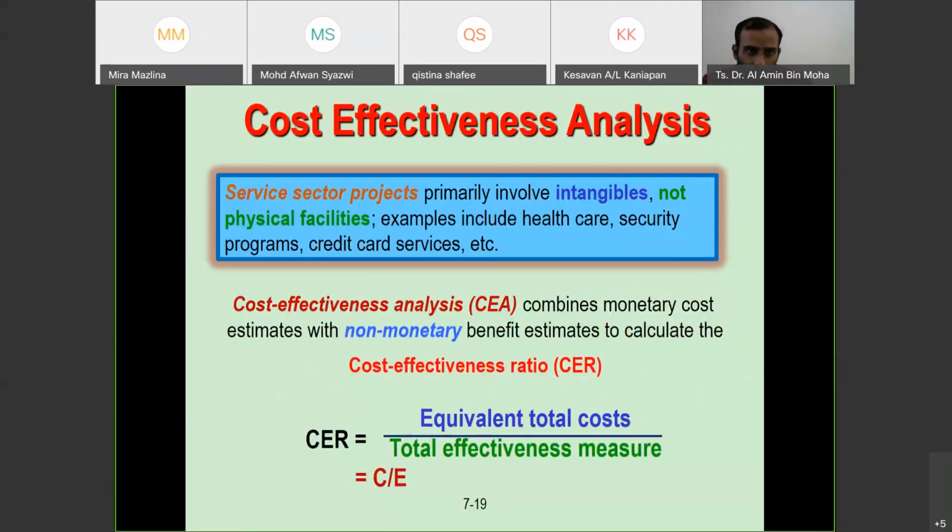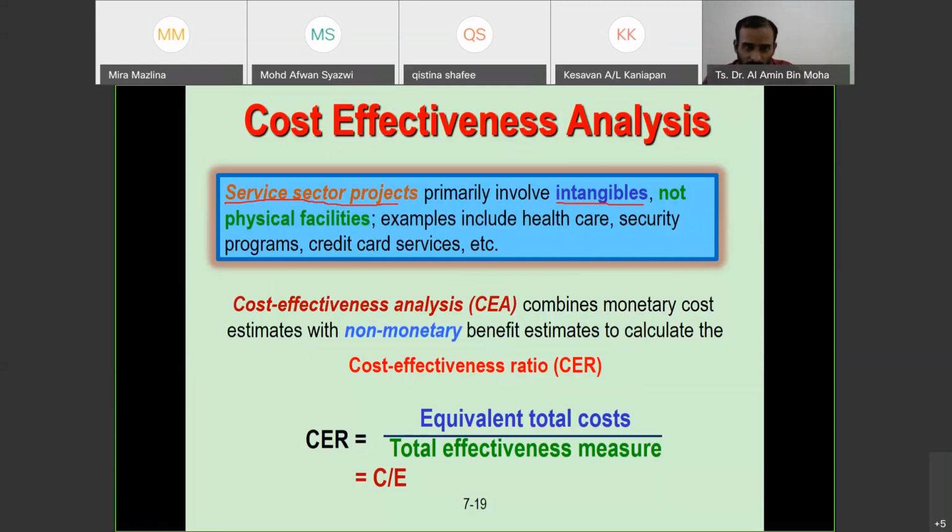So this is what we're going to cover, which is cost-effective analysis. So, you know, we choose which projects are better for us to be done, and so on. But service sector projects primarily involve intangibles, not physical facilities. Okay, if it's a building, your project is either to select building A or building B, railway station A or railway station B. This facility or that facility, that is tangible and you can see. So it's easy for us to use the BC ratio.